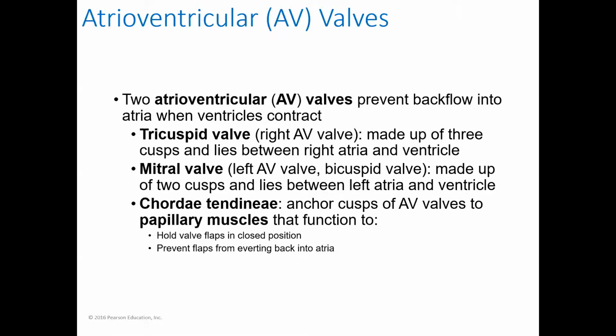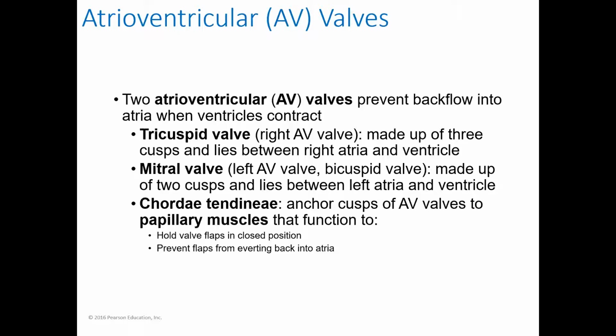The purpose of the atrioventricular valves is to seal off the ventricles. It's to prevent backflow into the atria when the ventricles contract. The tricuspid valve has three cusps, 3 flaps. It's between the atria and ventricle. When that valve shuts, then you don't get blood flowing back into the right atria.